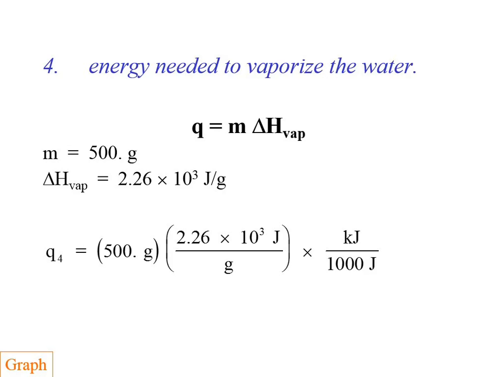So to come up with the Q of vaporization, we're going to take the mass of the liquid water to vaporize, 500 grams with 3 sig figs, times the latent heat of vaporization, which is a whopping 2.26 times 10 to the third joules, or 2260, right? Joules per gram.